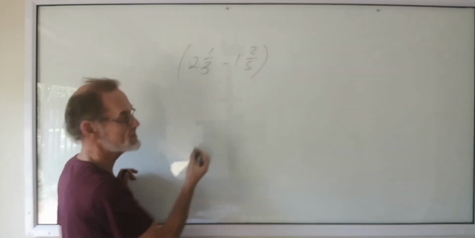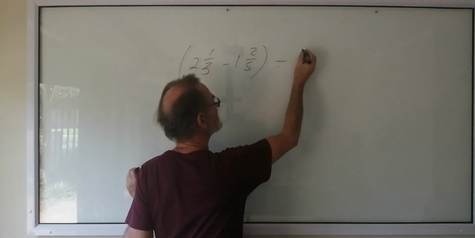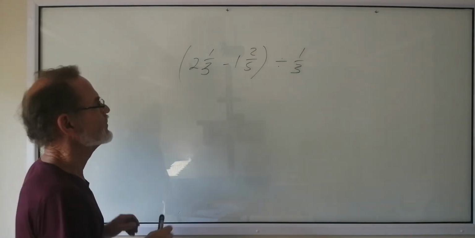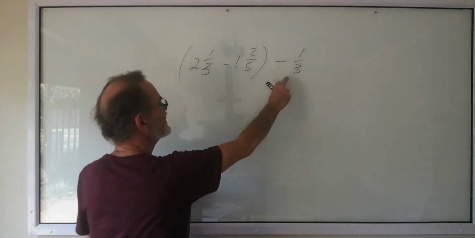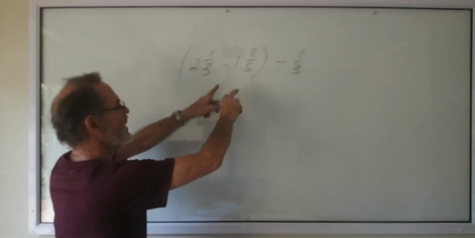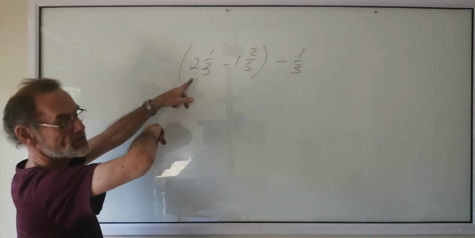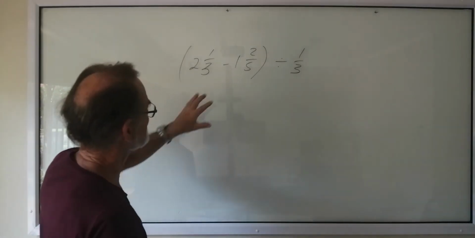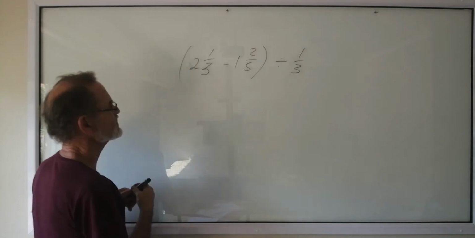They put in brackets here so as not to confuse us. If there were no brackets, we would first divide these two, taking account of the minus sign, and then bring this one in as an addition or subtraction. So now with brackets, we know we have to do this first.